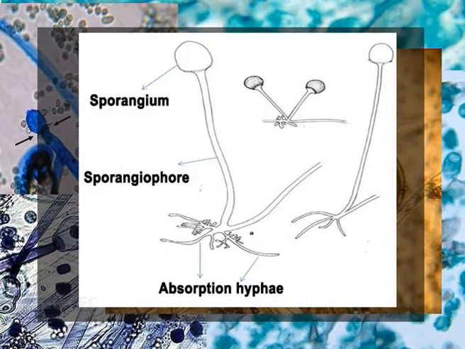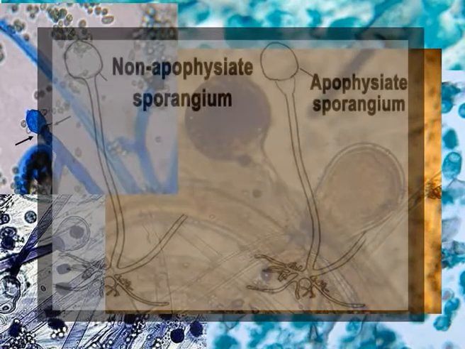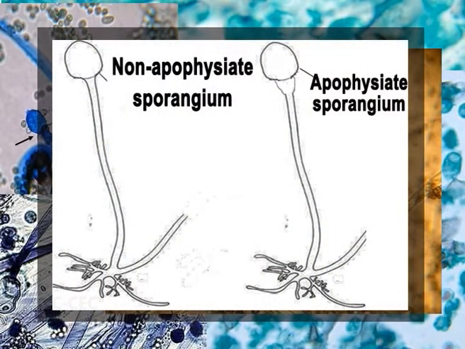The mycelium growing on the substratum can be distinguished into absorption hyphae, which penetrate the substratum and absorb food, and sporangiophores, the bulk of aerial hyphae. The species produce non-apophysate sporangia that have a wet or dry wall when mature.